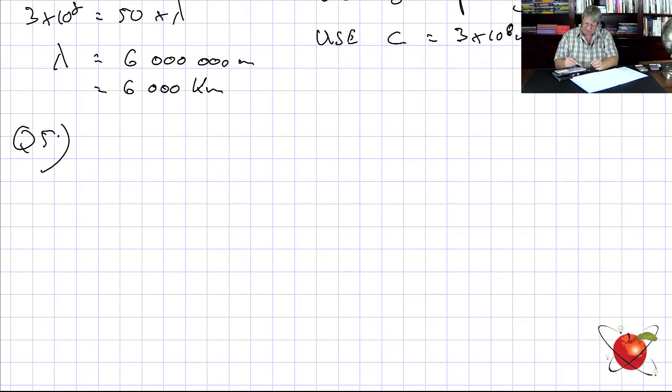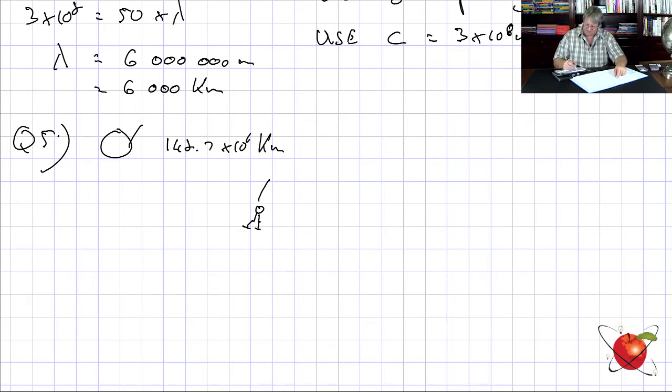Question 5: the sun is over here and we are over here, and we are 148.7 times 10 to the 6 kilometers away. This is the distance. The sun is radiating, isn't it?